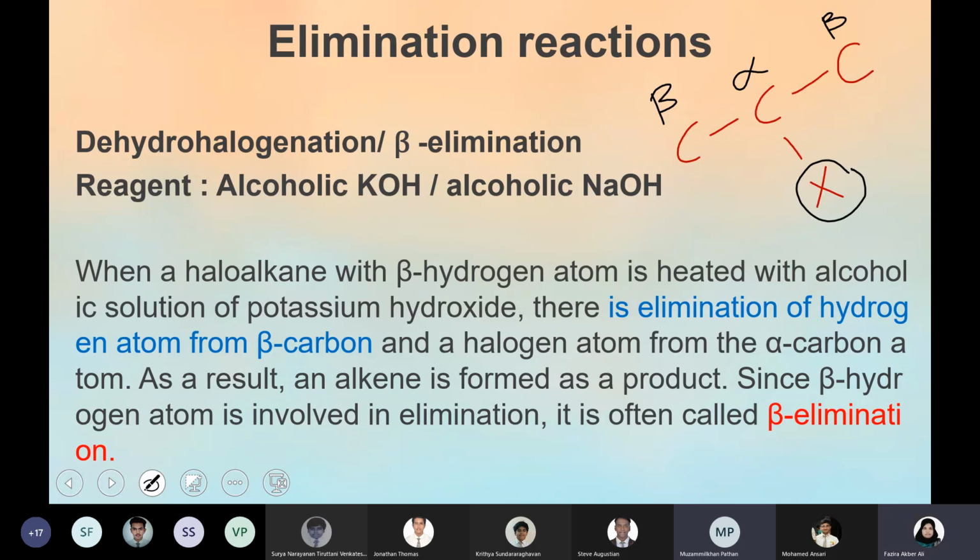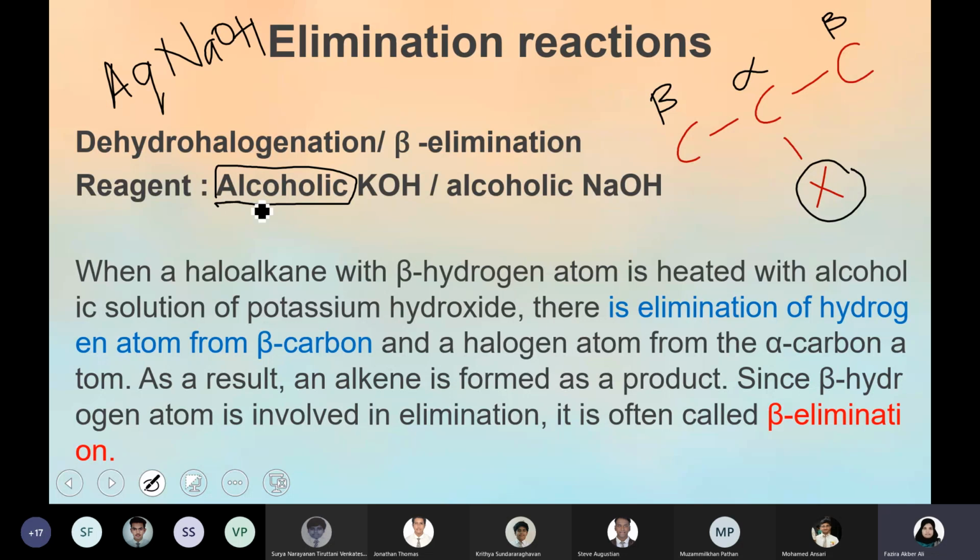For the beta elimination, the reagents used are alcoholic potassium hydroxide or sodium hydroxide. Potassium hydroxide or sodium hydroxide can also act as a reagent for the substitution reaction, but that is when we use aqueous conditions. If you use aqueous NaOH, the halogen will be substituted with an OH group.